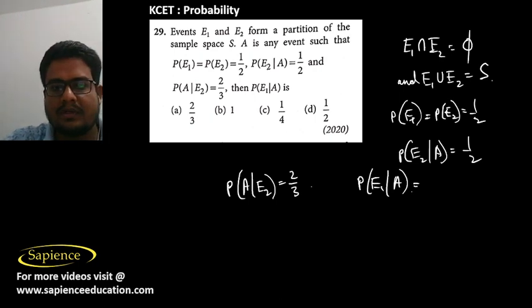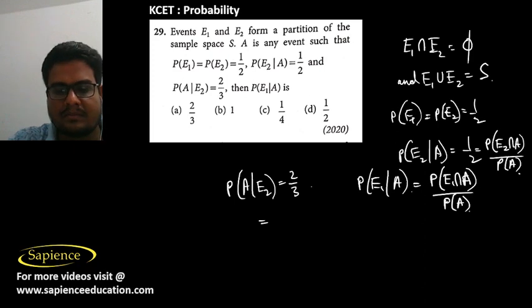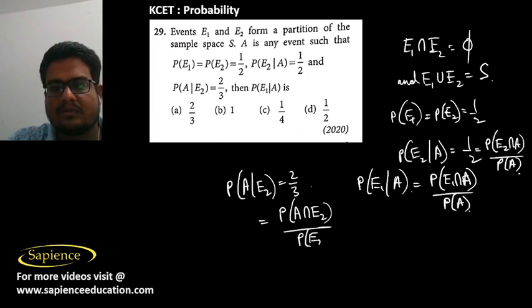So P of E1 given A is equal to P of E1 intersection A divided by P of A, and this is equal to P of E2 intersection A divided by P of A, and this is equal to P of A intersection E2 divided by P of E2.